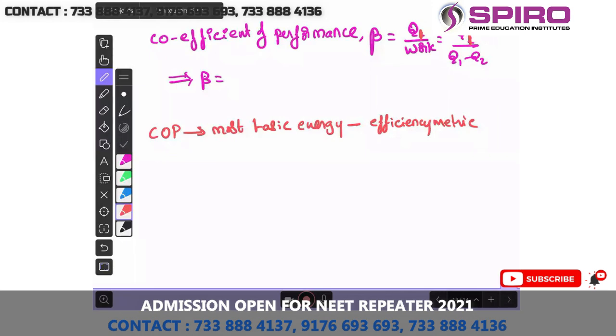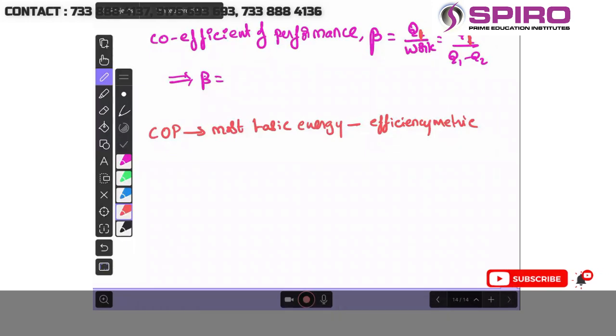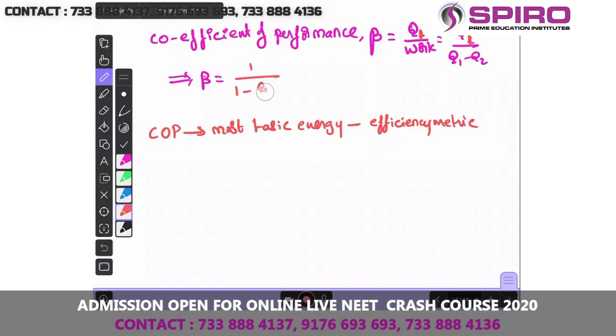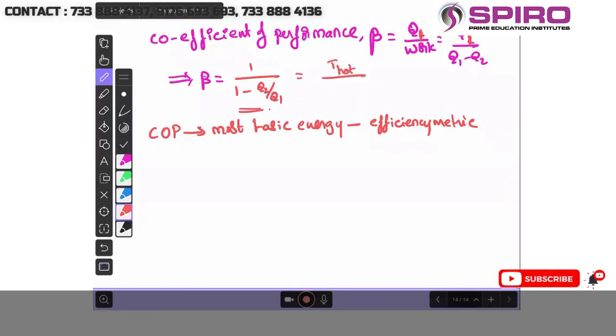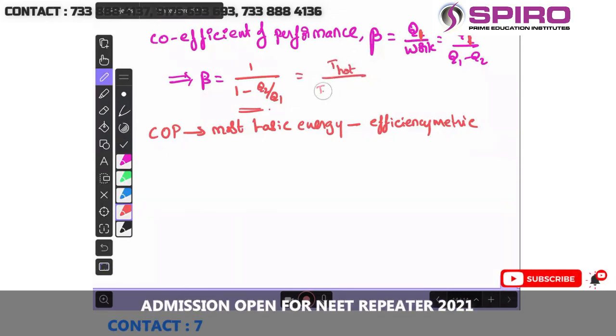What it becomes? 1 divided by 1 minus Q2 by Q1. In terms of temperature it can also be written as T hot, that is source temperature, divided by T hot minus T cold.